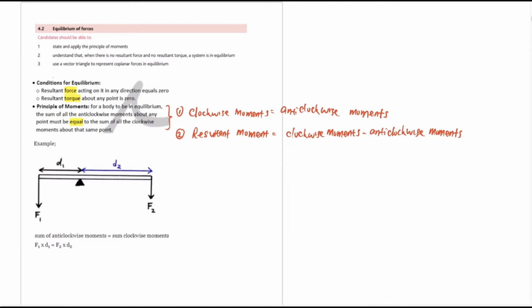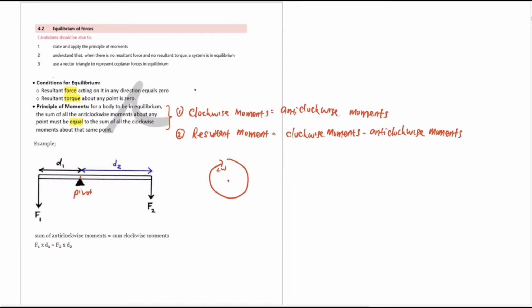Example for this case, sum of anti-clockwise moments. So which one is anti-clockwise? You assume this is pivot. And then you assume pivot is the center of the clock. So then clockwise will be like this. That is clockwise.